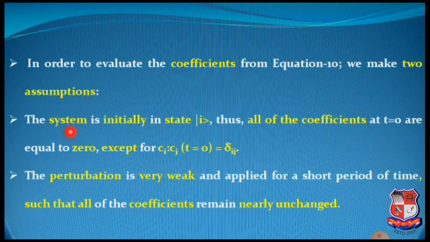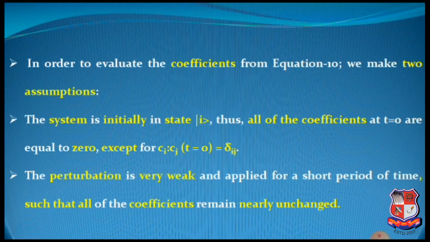Number 1, the system is initially in state i, and thus all the coefficients at 0 time are equal to 0 except for the c_i coefficient, that is equal to δ_ij. The second assumption, the perturbation is very weak and applied for a short period of time such that all of the coefficients remain nearly unchanged.